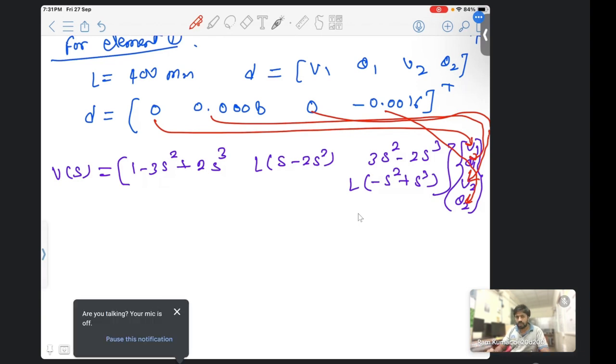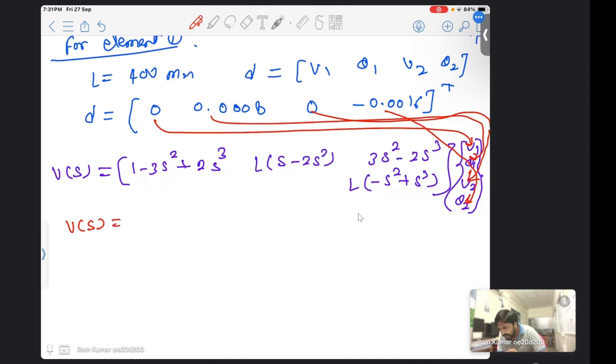Yes. So now finally, after putting this value, what will we get? v displaced in terms of s equals 1 minus 3s square plus 2s cube, then L(s minus 2s square plus s cube), then minus 3s square plus 2s cube, L(minus s square plus s cube).